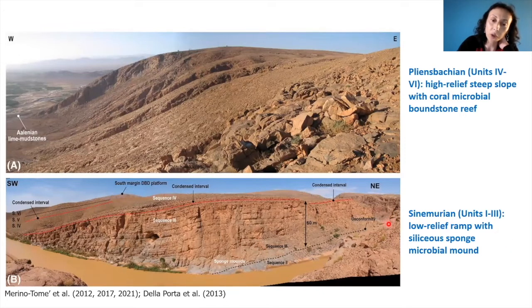The lower one shows the Sinemurian low angle ramp system with meter scale siliceous sponge mounds, and the upper photo instead shows the Pliensbachian high relief system with a slope up to 500 meters, and you see the platform top dipping basinward with a rounded platform margin dominated by coral reef and a nearly 30 degrees steep slope.